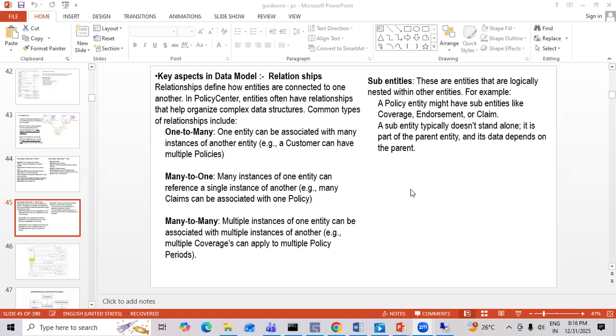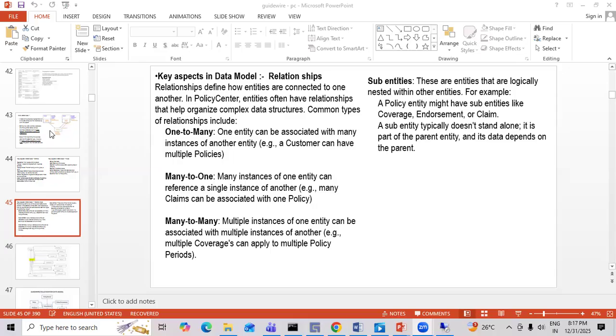This typically doesn't stand alone; it is part of a parent entity, policy, and its data depends on the parent.